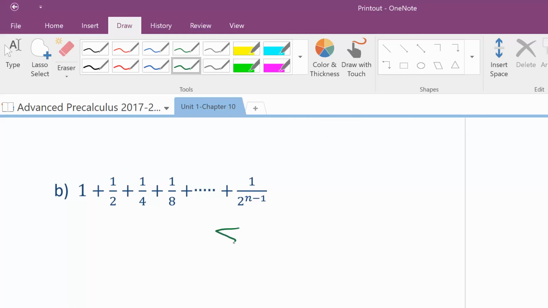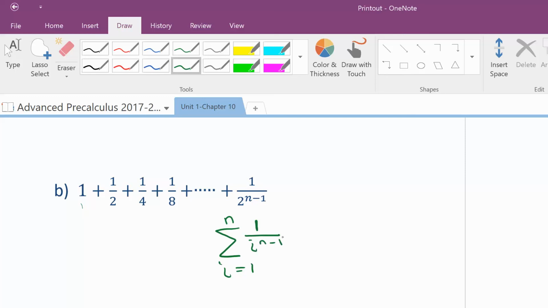For the last one here, I'm starting with 1. Now I'm ending, it says n minus 1, so I'm ending with n. Because if you notice, you have 1 over 1, and then you have 1/2. And then you have 1/4 and 1/8, and it gives you the pattern, 2 to the n minus 1. So basically you're going 1 over 2 to the I minus 1.